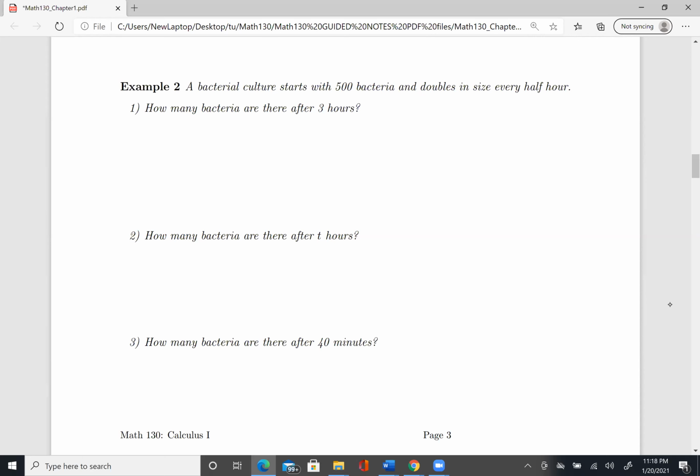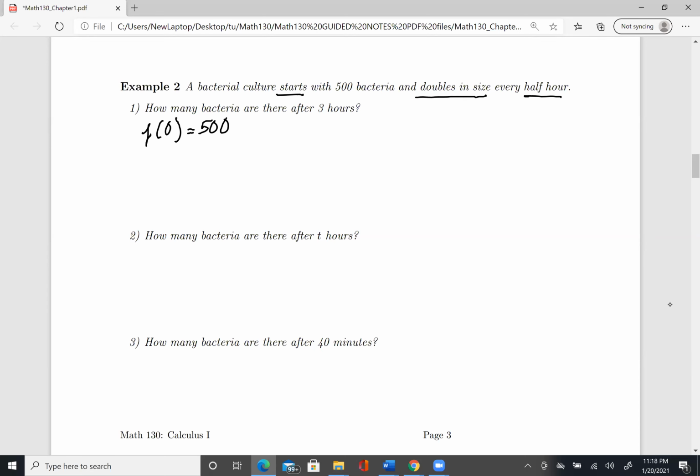So we have f(0) equal to 500, right? Because it said that the bacteria start with 500. And it doubles every half hour.